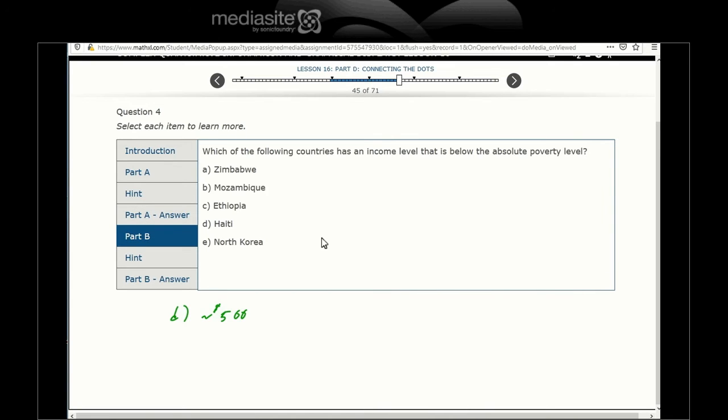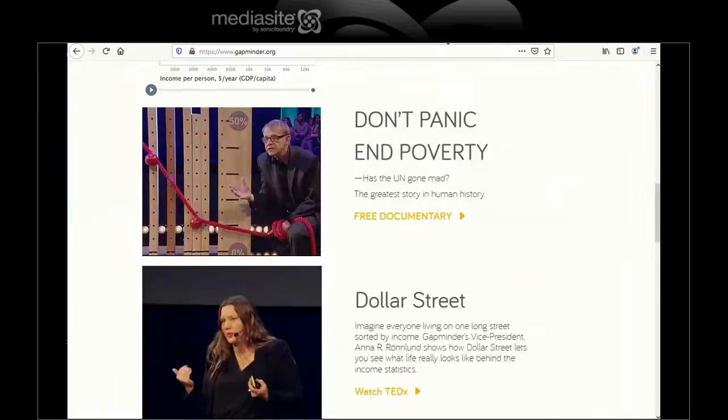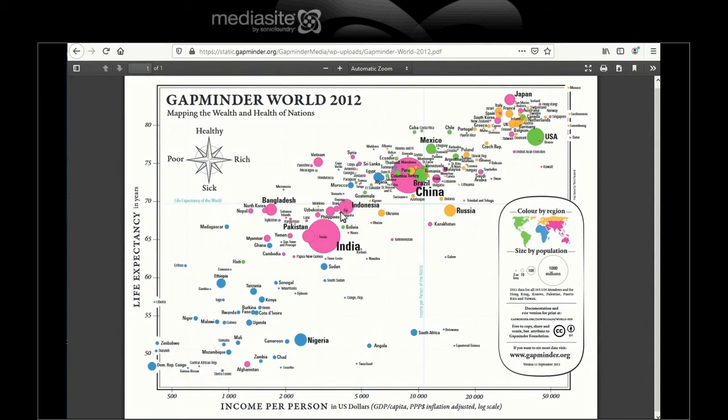Part B. Which of the following countries has an income level that is below the absolute poverty level? Zimbabwe, Mozambique, Ethiopia, Haiti, North Korea. Let's see if we can find that off this chart.